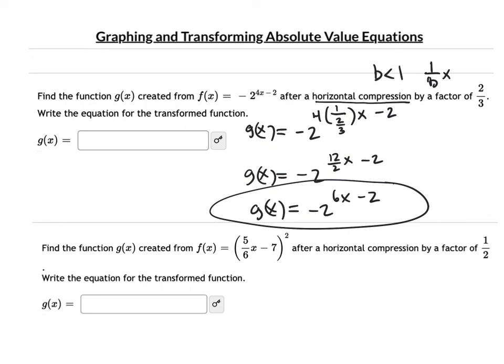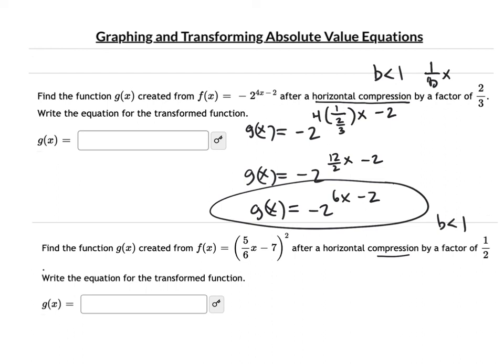Find the function created, that's g of x, by transforming this quadratic. We're going to horizontally compress it by a factor of 1/2. Since b is less than 1 again, it's a compression. It's horizontal. Horizontal is the inverse.